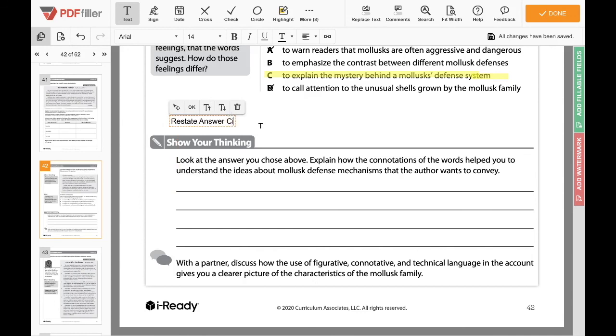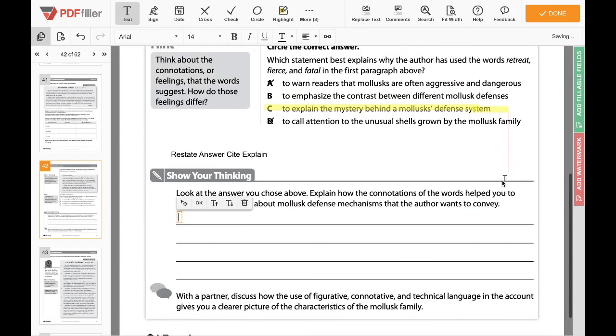Explain how the connotations of the word helped you to understand the ideas about mollusk defense systems that the author wanted to convey. So how did those connotations, what we talked about in the hint, help us to understand what the author wants us to know about the mollusk defense systems?